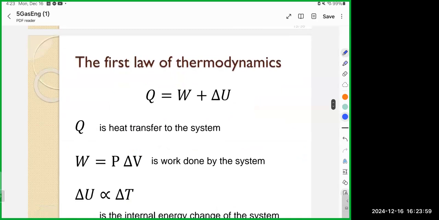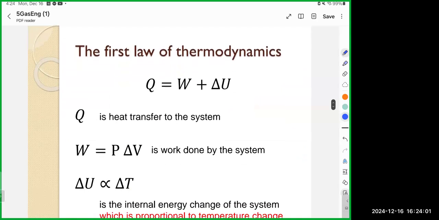Before I go next, I would like to introduce the first law of thermodynamics. It's very easy to start because it contains just 3 terms. The first one is heat, Q, right here, heat transferred to the system. In a thermodynamic system, there are 2 things: the system that you are interested in, and the environment.